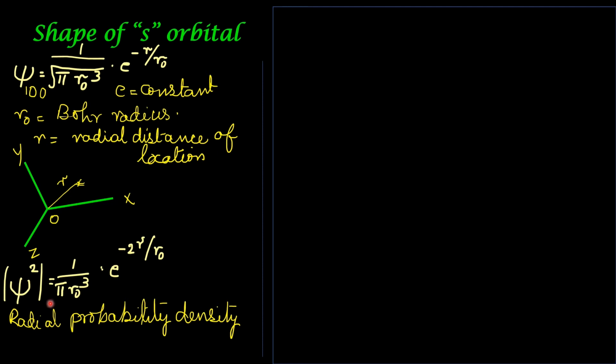Then the expression becomes 1 by pi multiplied by r naught raised to 3, multiplied by e raised to negative 2r by r naught. The root is removed. The wave function as well as probability density, that is radial probability density, depends on the distance r. It is represented in the form of two different graphs.